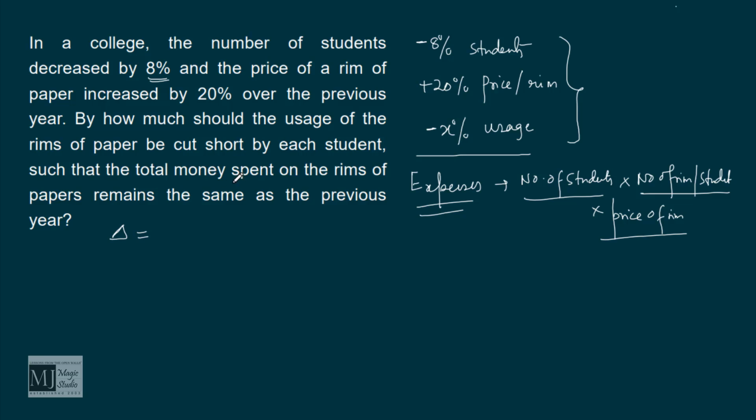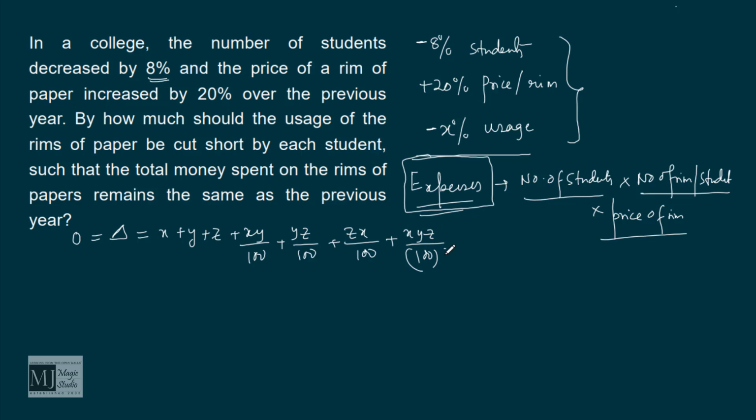Now they are saying that total money spent on the rims of paper remain the same as the previous one. That means total expenses are not changing. That means delta is 0. We can use x plus y plus z plus xy by 100 plus yz by 100 plus zx by 100 plus xyz by 100 square.